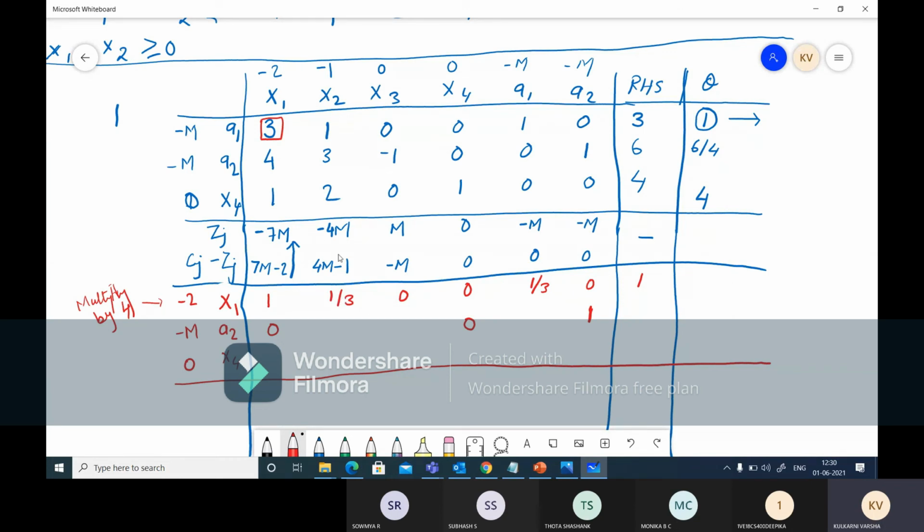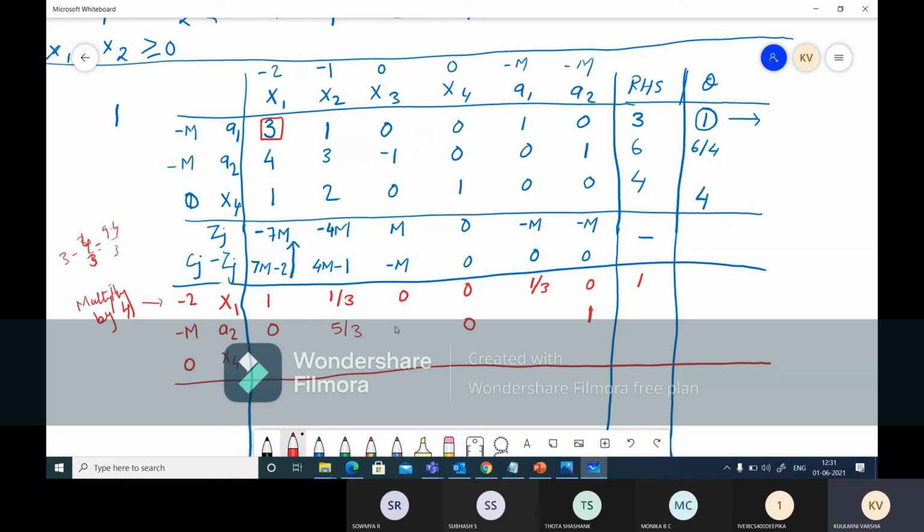So 4 by 3, and subtract from 3. So 3 minus 4 by 3, so it will be 9 minus 4 by 3, which is 5 by 3. So this will be 5 by 3. Multiply this 0 by 4, so it will be 0.